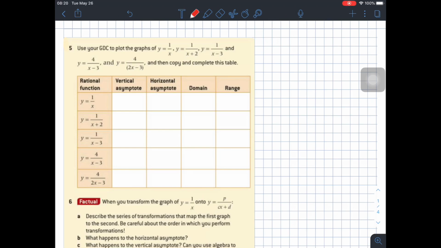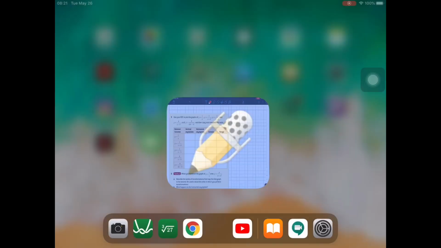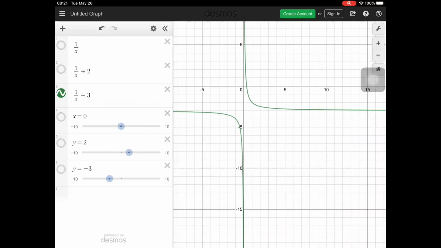So you see that these functions are practically the same as we had before, but now the plus 2 and the minus 3 are with the x instead of being separated from the x as we had in the previous investigation, right? That means that we're going to be having horizontal translations instead of vertical translations. So let me change that here.